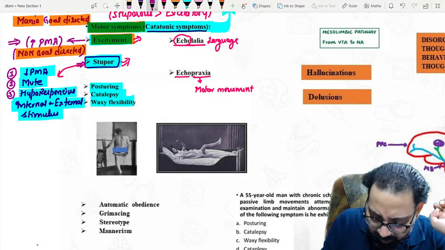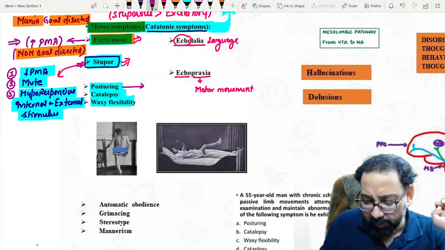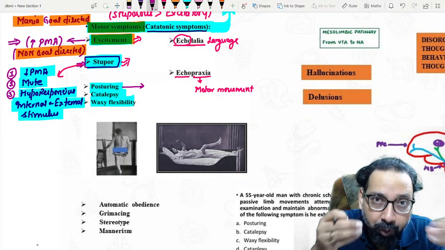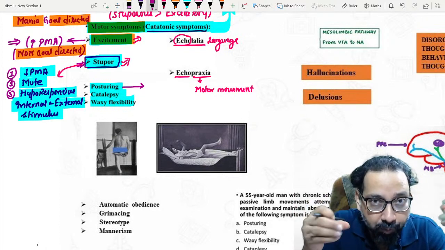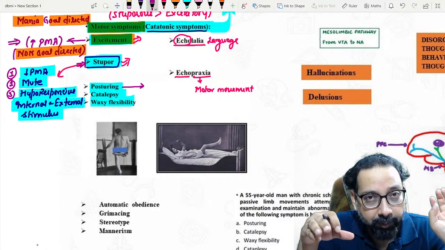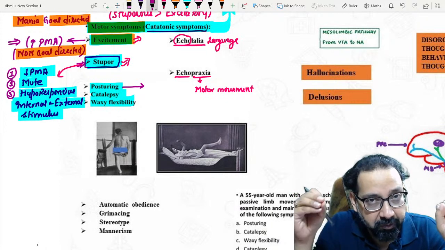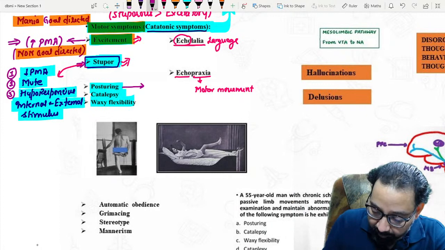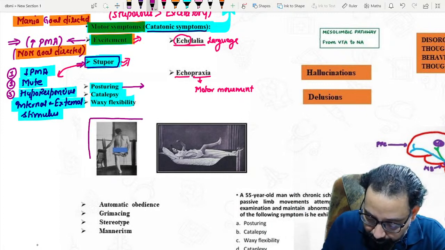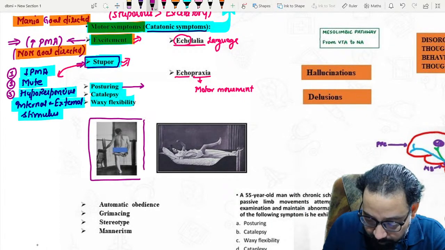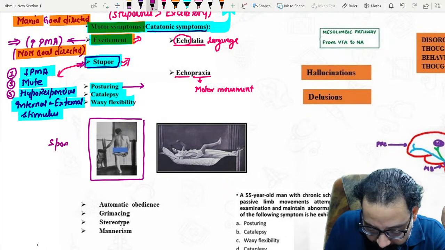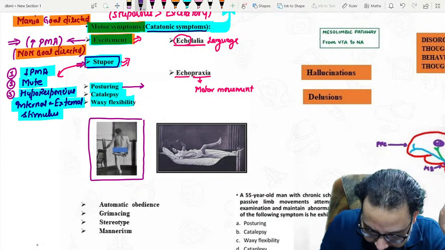We start with posturing. Suppose a schizophrenic patient is in the ward. You go to the ward and you find that the patient of schizophrenia or catatonia is standing in this posture spontaneously. So I write here: spontaneous.